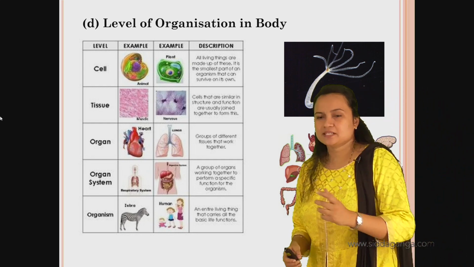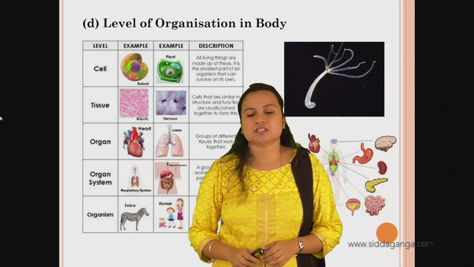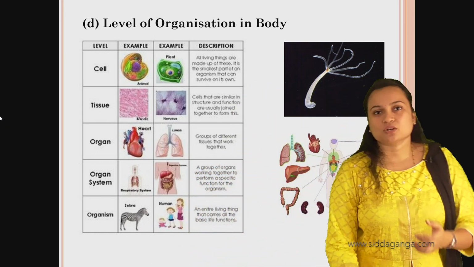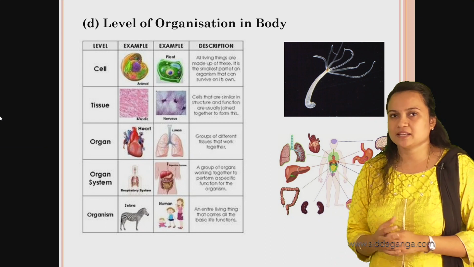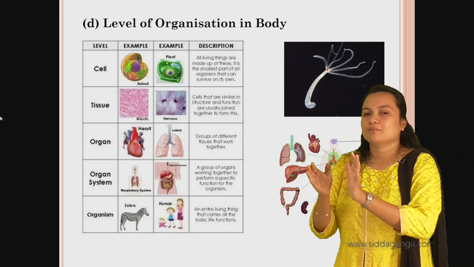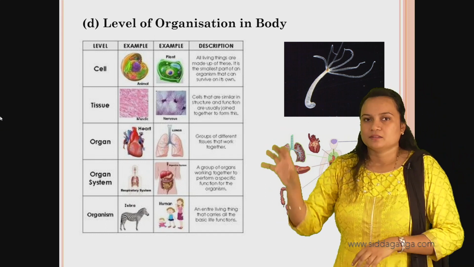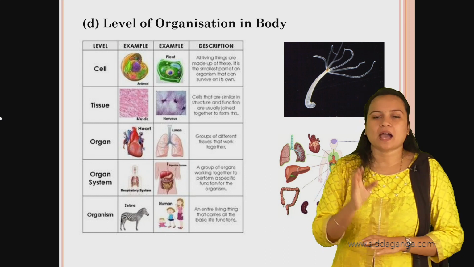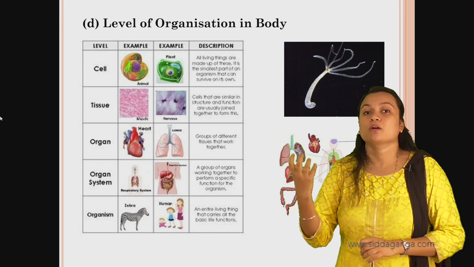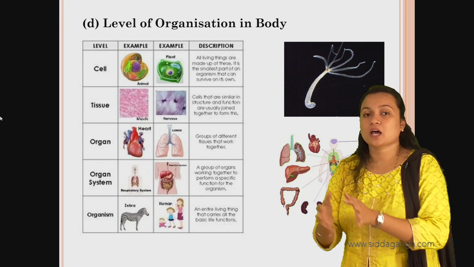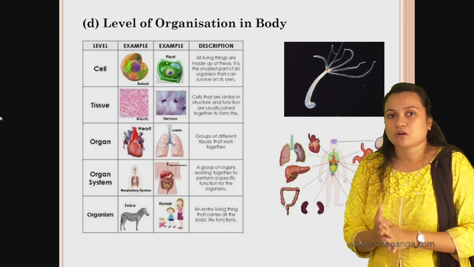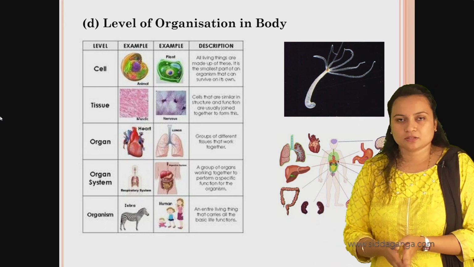So the basis of classification can be done based on whether the organism is prokaryotic or eukaryotic, that is, presence or absence of the nucleus, okay, and the next one is the number of cells, whether they are unicellular or multicellular, and mode of nutrition, whether the organisms are autotrophic or heterotrophic.